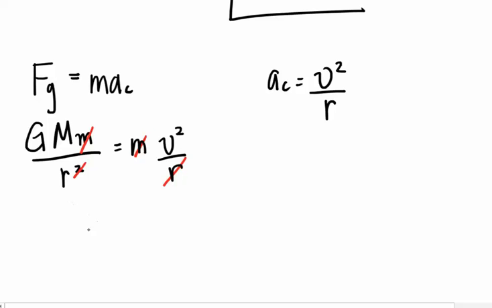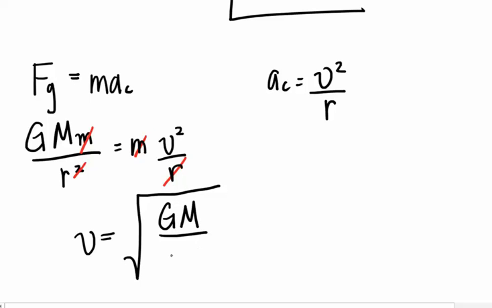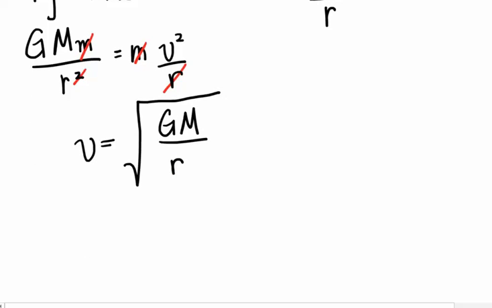Okay, here we go. So then the orbital speed would be the square root. I'm taking the square root of both sides because v is squared. Gm over r. So if I could figure out the orbital speed of the moon that I'm watching, I could probably find the mass.